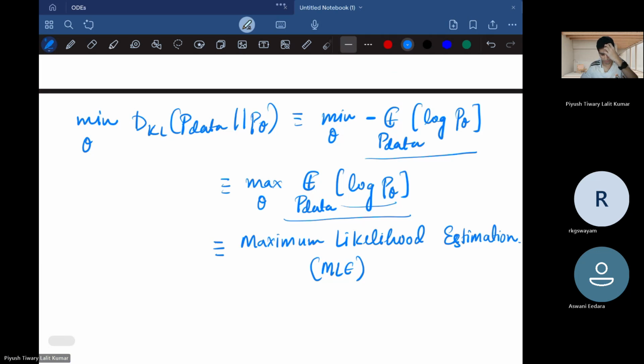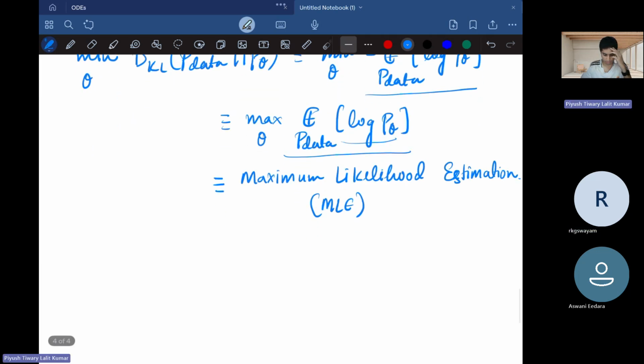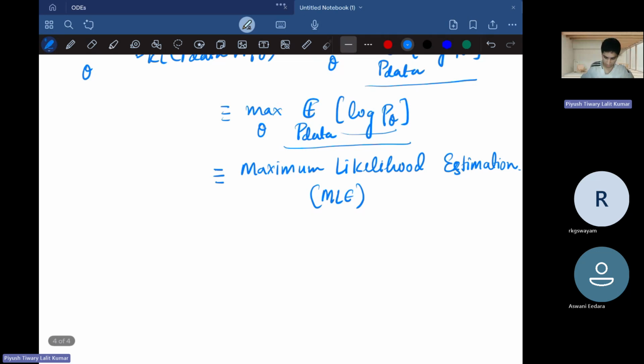Right. So the likelihood thing is basically, if you want to think about why we are calling it likelihood, it is because P theta is a distribution over x, or x comma z.